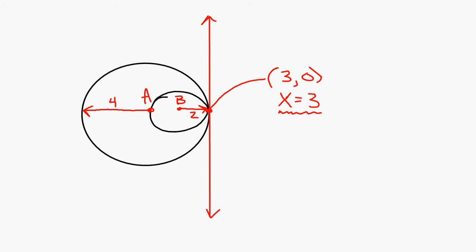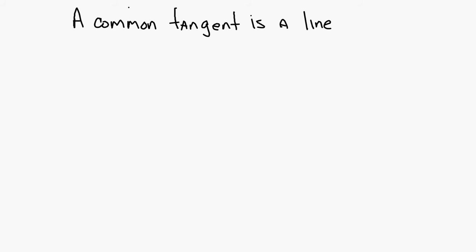All right, moving along. Top of page 794. A common tangent is a line that is tangent to two circles.